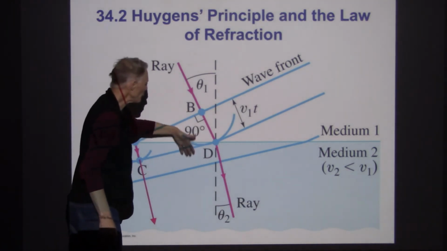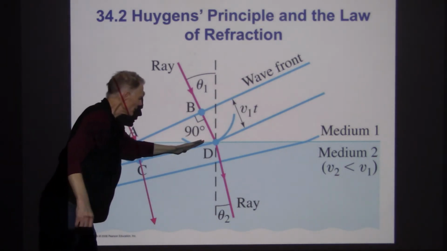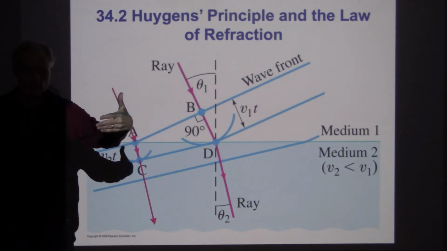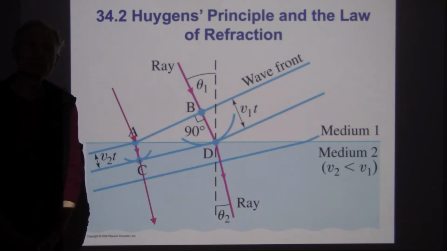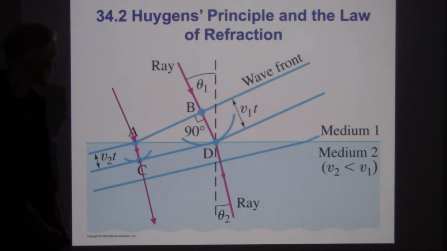When you regroup on the other side, where everybody now is in the water, then you can march off as a wavefront, and everything lines up again. Okay. Who knew that photons and electrons and protons, they all took marching band in high school? So they all know how to do this.